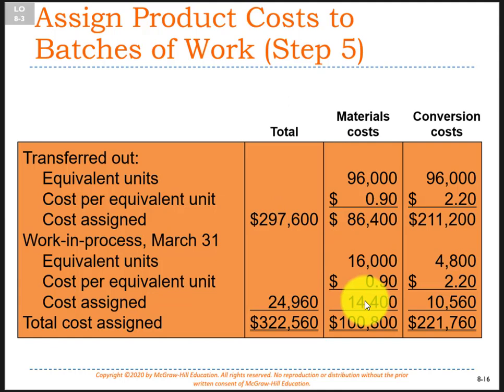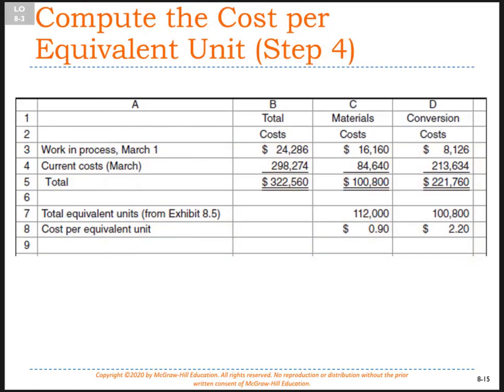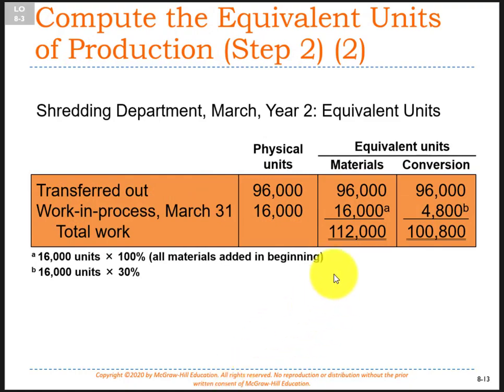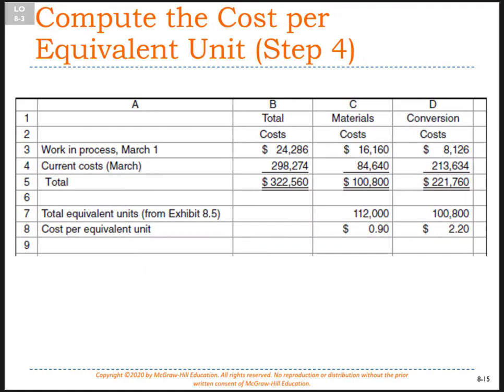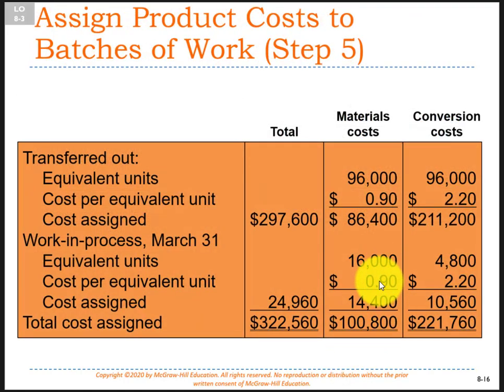The costs that are still in work in process at the end of the month, $16,000, right, from our earlier. Right there, $16,000 from this slide, times 90 cents, same cost per unit, and the $4,800 from our step 2 calculation of equivalent units, just the ones that are in the ending work in process, times $2.20, same cost per unit we got in step 4.